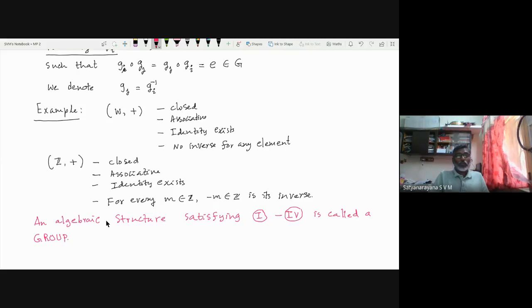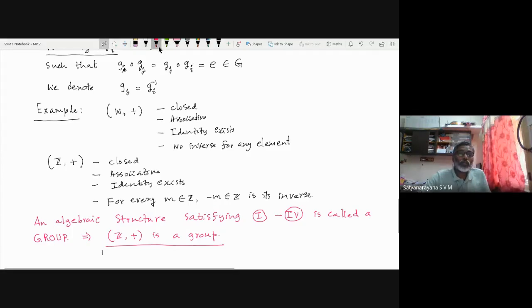So what does that mean? That implies this integers with plus is a group. Okay, integers with plus is a group. So this is one example of a group.